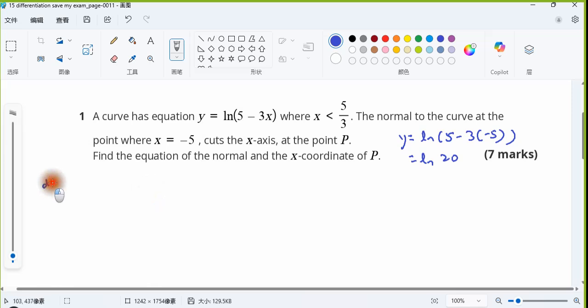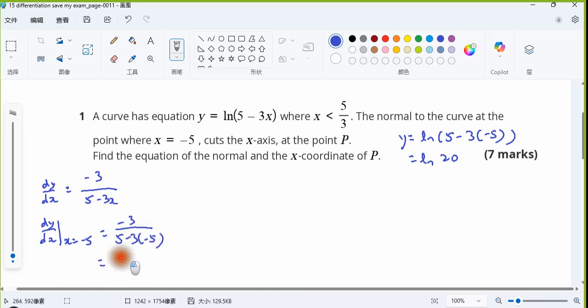And the dy/dx will be 1 over (5 minus 3x) multiplied with negative 3. So the dy/dx when x equal to negative 5 will be negative 3 over (5 minus 3 times negative 5), so negative 3 over 20.